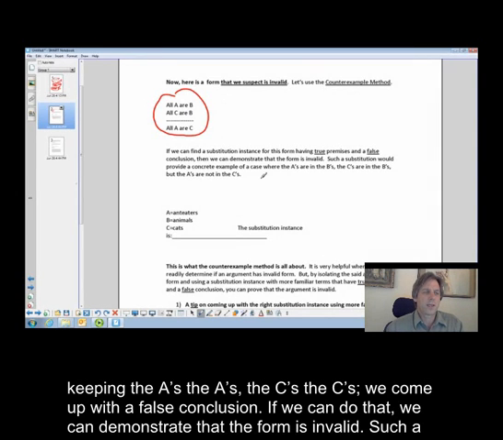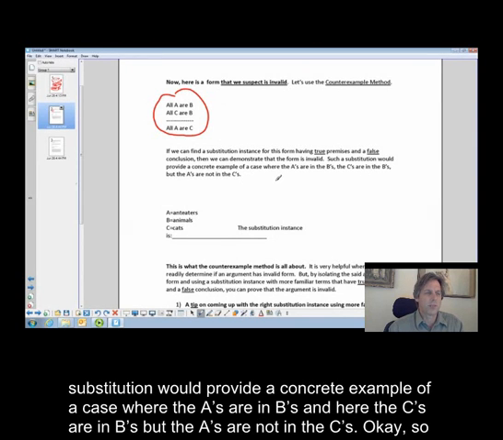If we can do that, we can demonstrate that the form is invalid. Such a substitution would provide a concrete example of a case where the A's are in B's, and the C's are in B's, but the A's are not in the C's, okay? So we have three terms here.